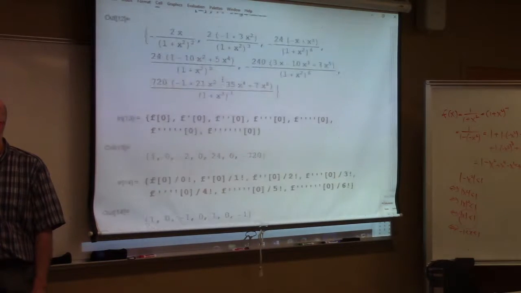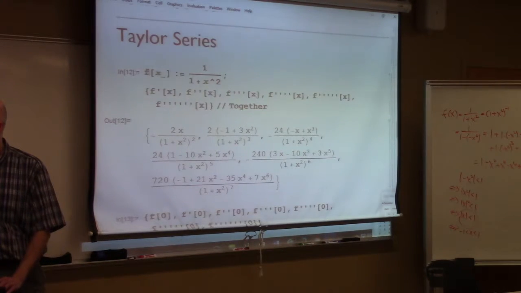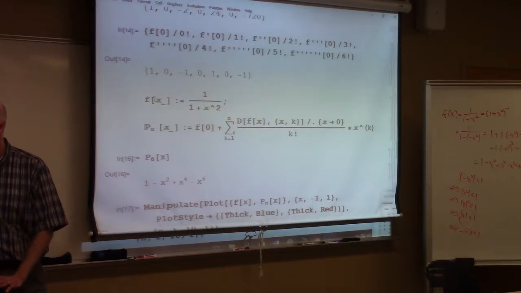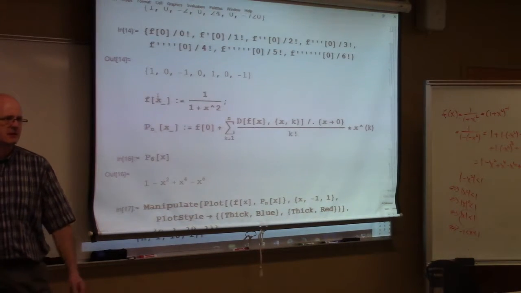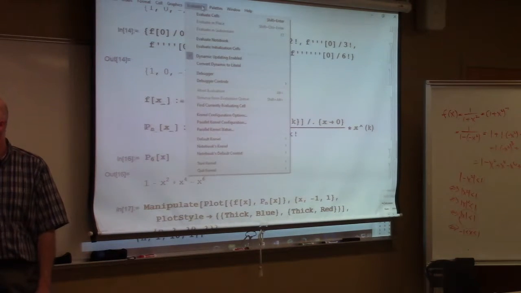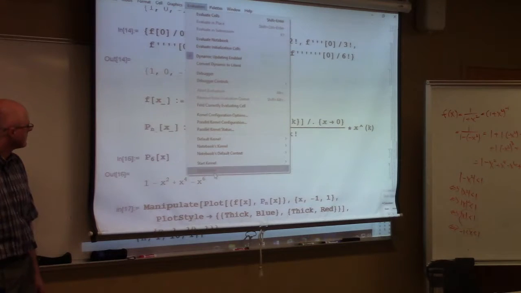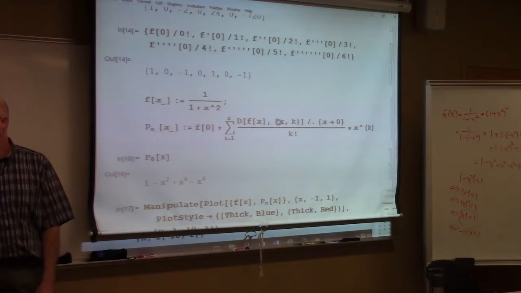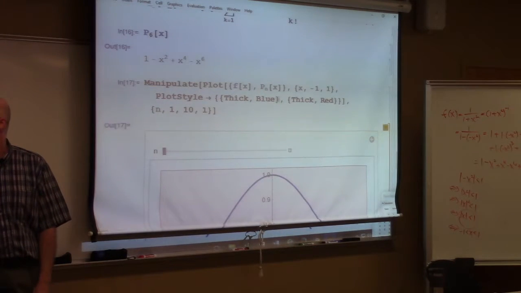Let's see. Sometimes if you run into this kind of trouble, it's good to clear Mathematica's memory. Go to the palettes menu, or evaluation menu, quit kernel, and that'll erase its memory. I'm not sure if this is going to help or not.